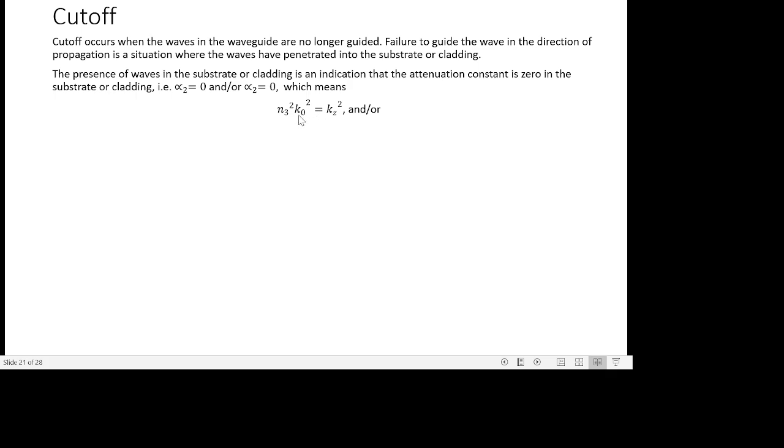This is the condition where n of z squared is equal to the surrounding material. And similarly, we can get a similar cutoff condition for the substrate and for the cladding separately.